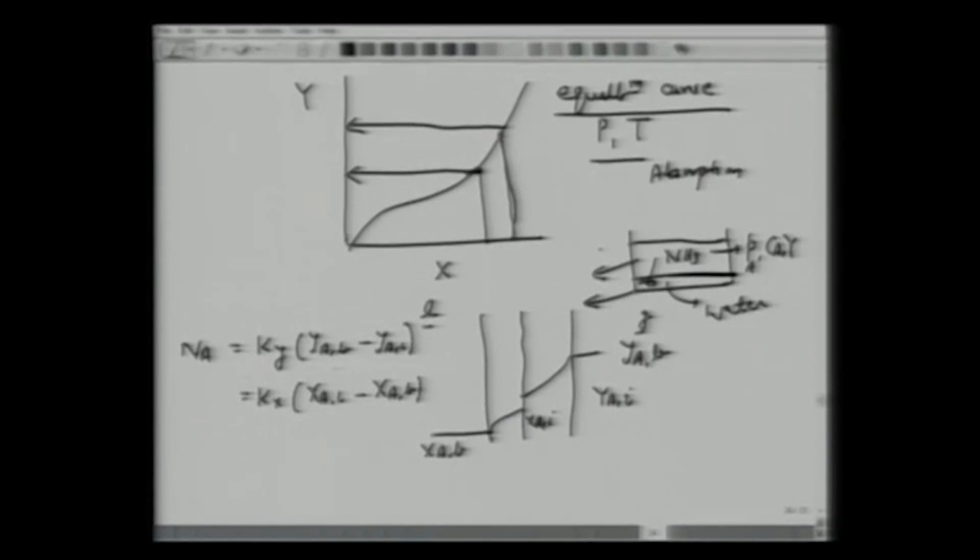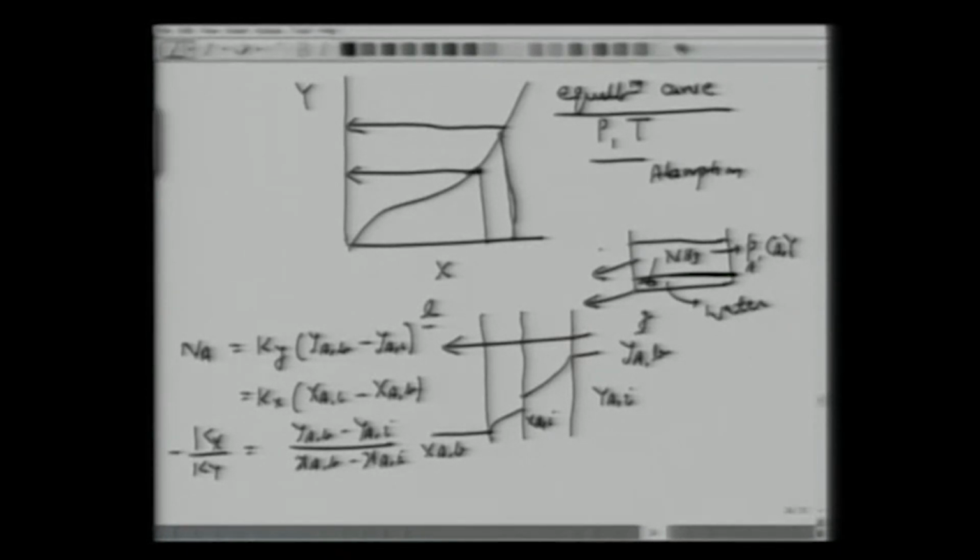So under steady state, the diffusion flux across both the films, liquid and gas, is the same. Which means we can now write Kx over Ky equal to (YAB minus YAI) over (XAB minus XAI), and we have minus Kx over Ky.